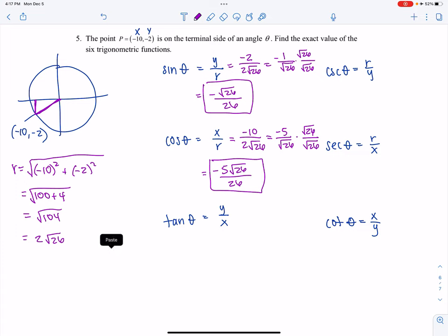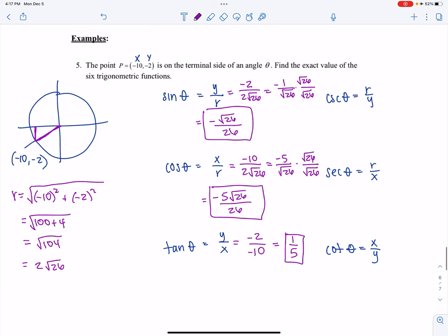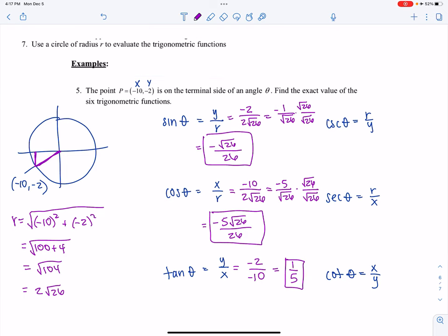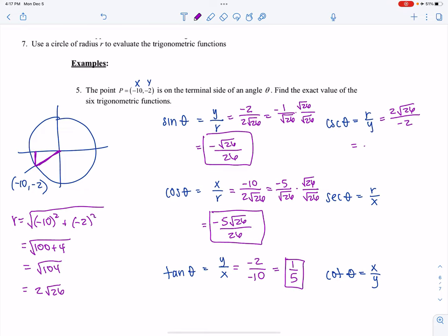Next up, we have tangent, y over x, -2 over -10, which is 1 over 5. Cosecant theta is r over y, which is 2 root 26 over -2, which leaves us with negative root 26.